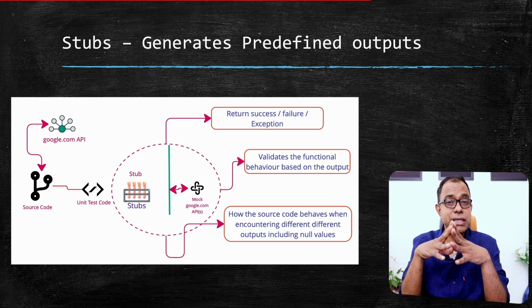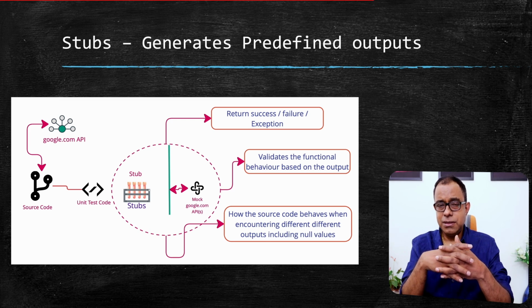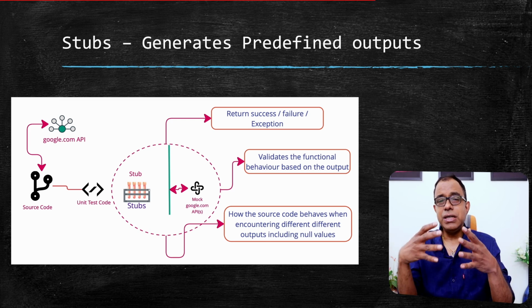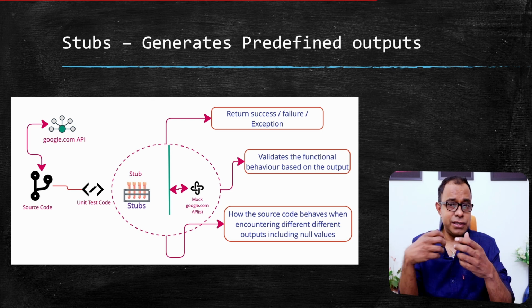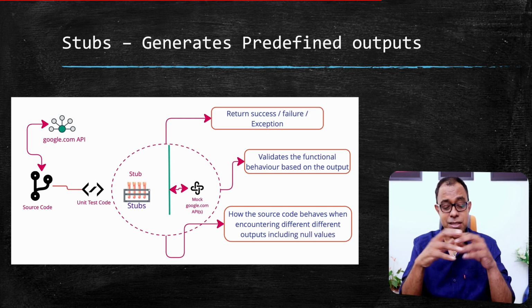All those things you can check using stubs, and you create stubs to make sure that you are checking different paths of execution within your software, and that is the purpose of stubs. So I hope this is also clear.